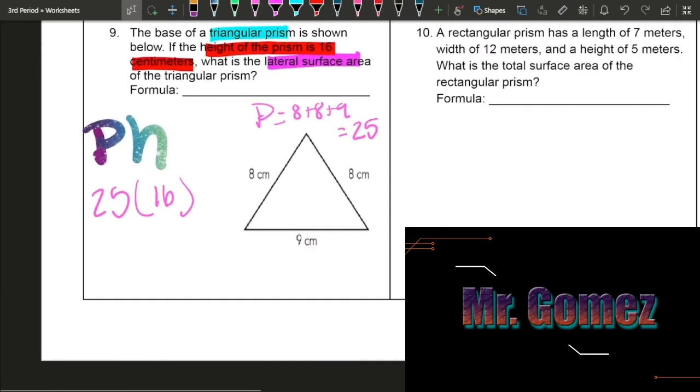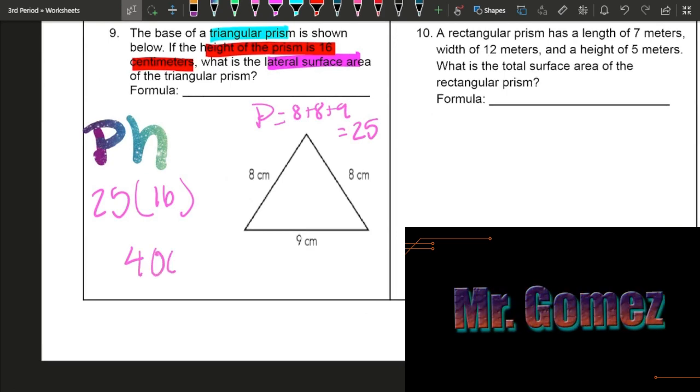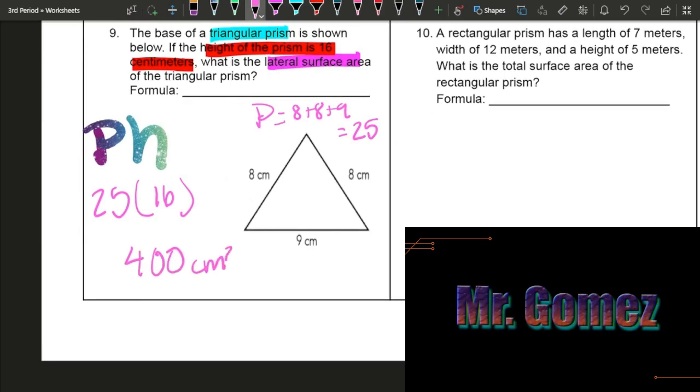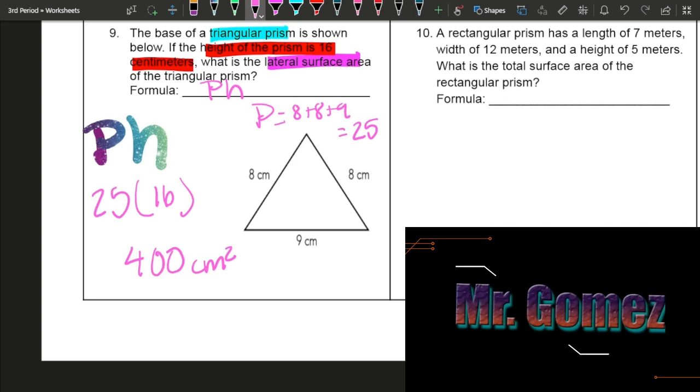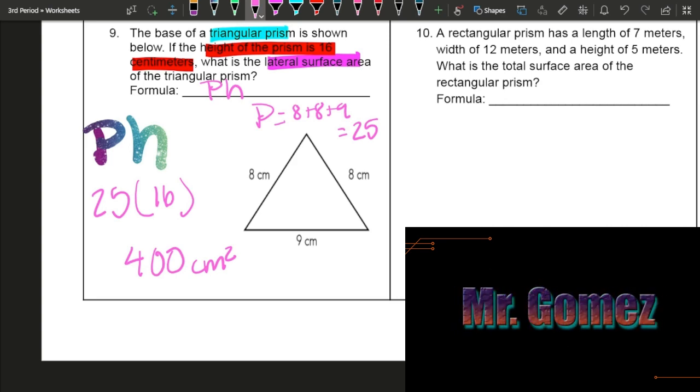So my lateral surface area is 400 centimeters squared. So the formula is just pH: the perimeter of the base, which is drawn already for me, and then we multiply by the height, which in this case is 16. Any questions on that one? Probably the easiest one we've done so far.